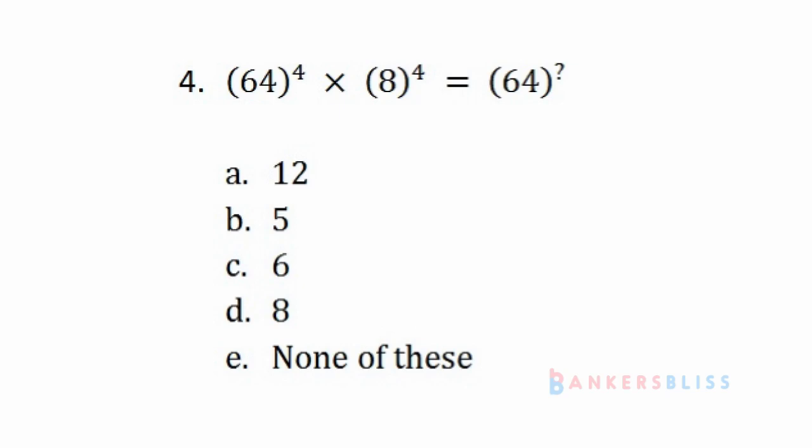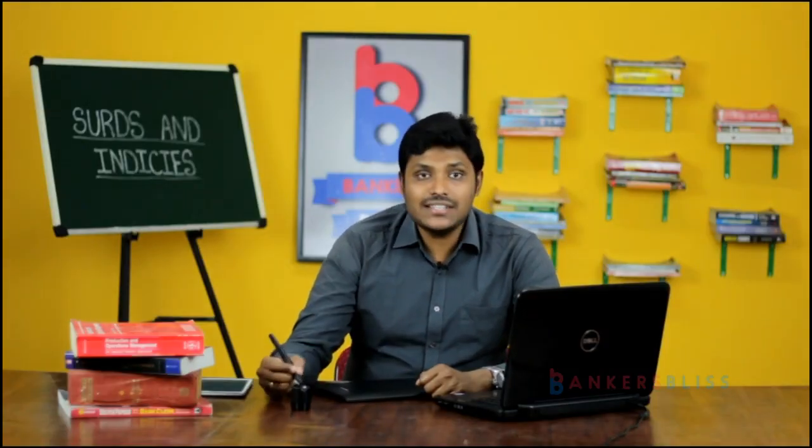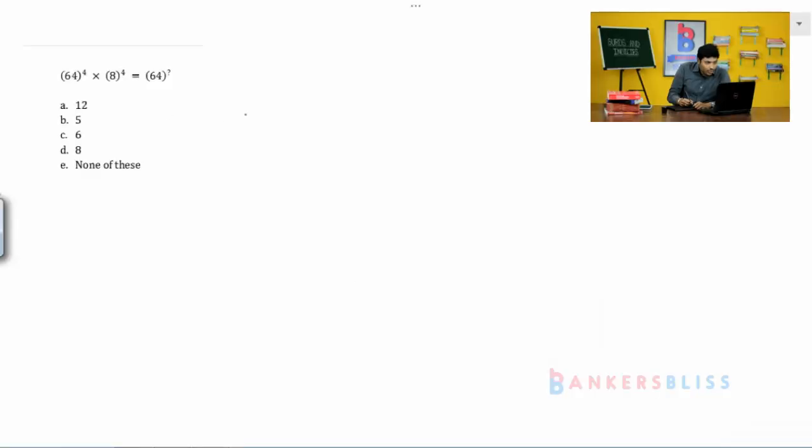64 to the power of 4 into 8 power 4 is equal to 64 power what? See here, you want to calculate the value of the power, that is 64 to the power something. So see here, 64 power 4 into 8 power 4, which has to be converted into 64 to the power something.